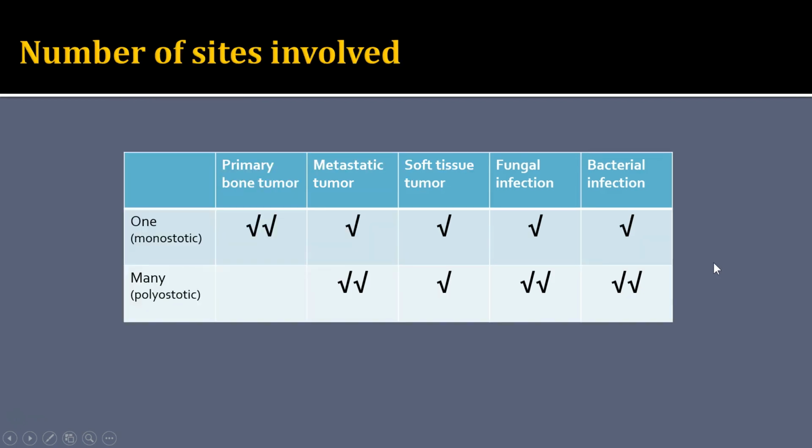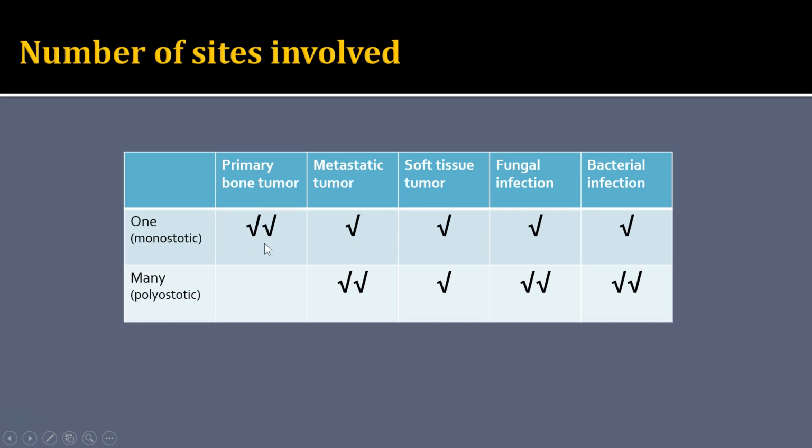Number of sites can be very helpful as well. And when I say number of sites, one site throughout the entire skeleton, which we refer to as a monostotic lesion, or many sites that might be found throughout the skeleton, we'll refer to those as polyostotic. And please notice that primary bone tumors only affect one site.